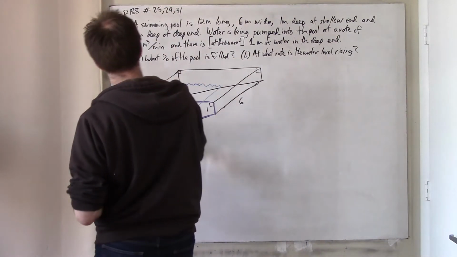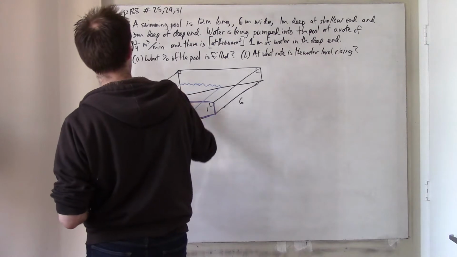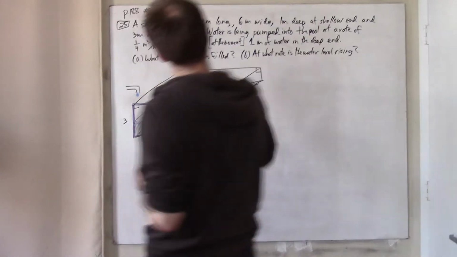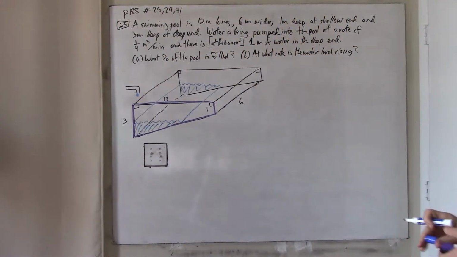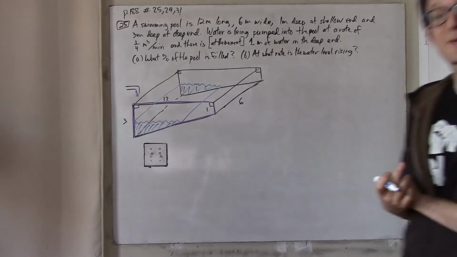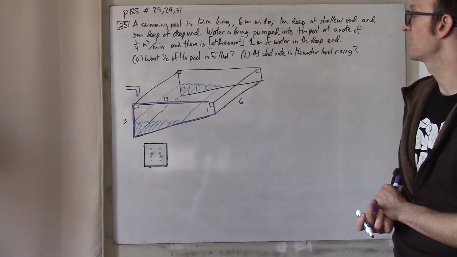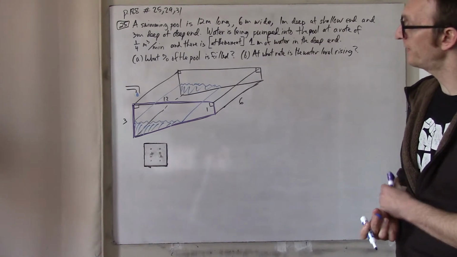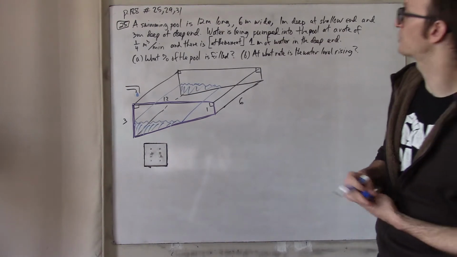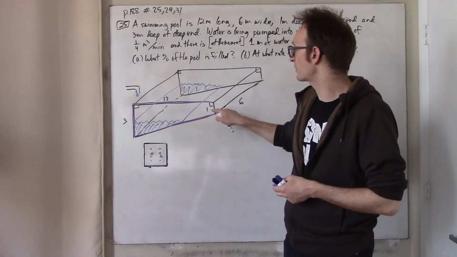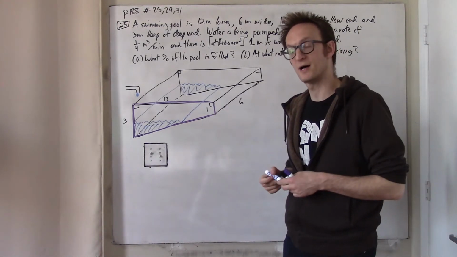So the crucial observation here is that the pool may be in the shape of a trapezoidal prism, but the amount of water that we're filling the pool with is not so much. Our water level is never going to reach the shallow end.